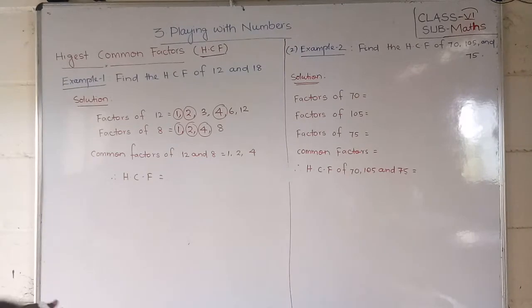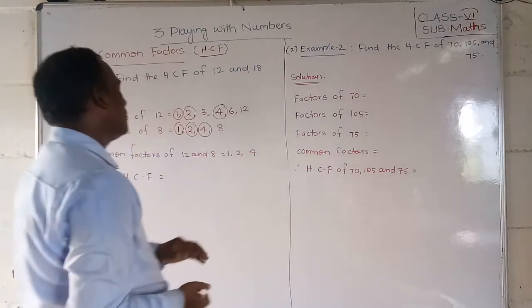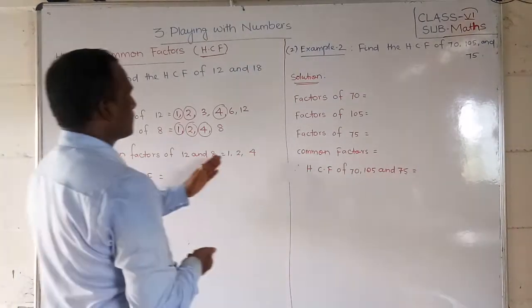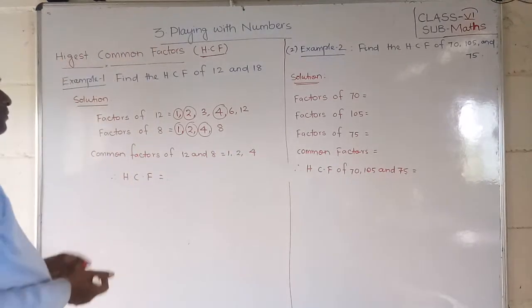Yes or no, students? Observe: 1, 2, 4 are the common factors. So what is the highest common factor? 4 is the highest common factor.